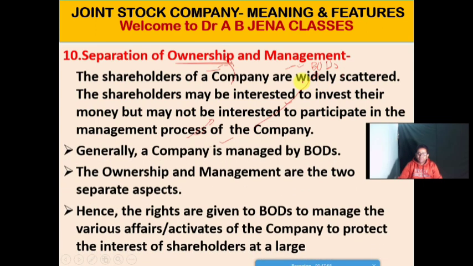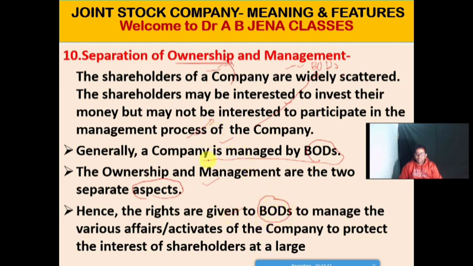So generally the company is managed by the board of directors, and the ownership and management are separated from each other. Ownership and management are two separate aspects, two separate hands. Hence the rights are given to whom? The board of directors.